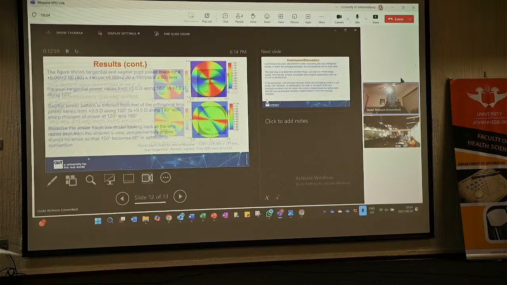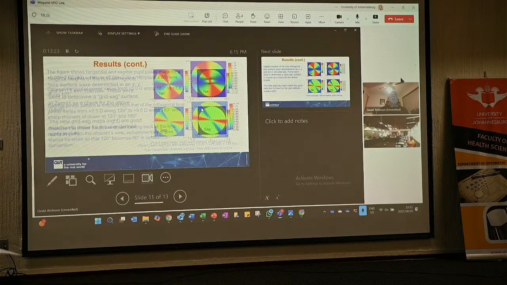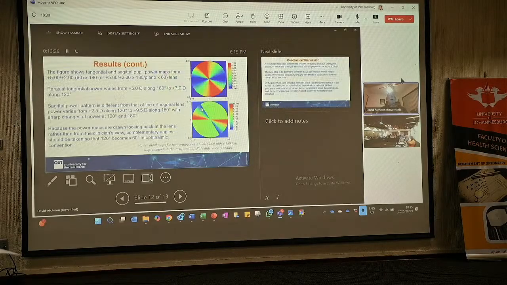So we've got the power turning from 5 to 7, meridians 60 degrees apart. But if you look at the sagittal meridian powers, they're really quite strange. So the powers are now varying at a greater range, and we've got 4.5 dioptres along 120. I'm sorry, I'm very nervous. Okay, we've got powers.